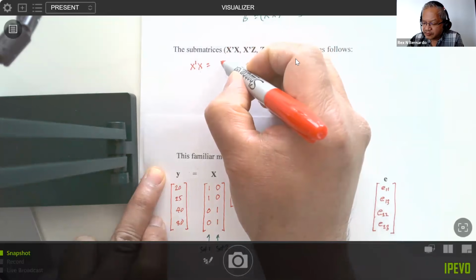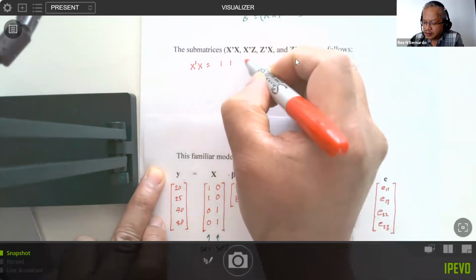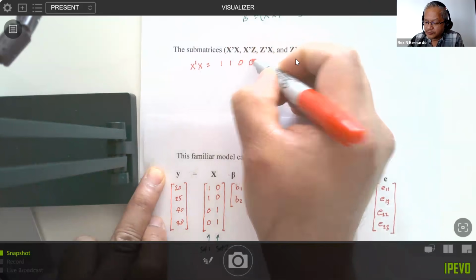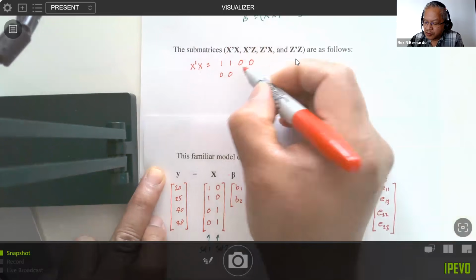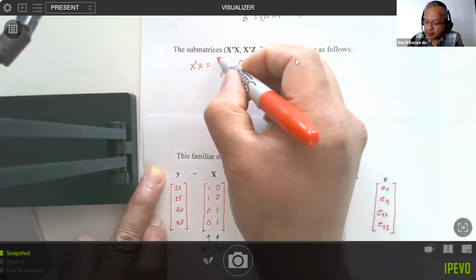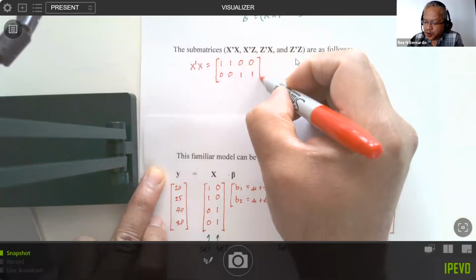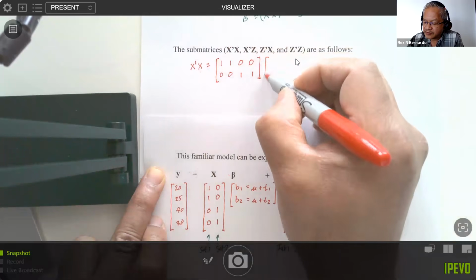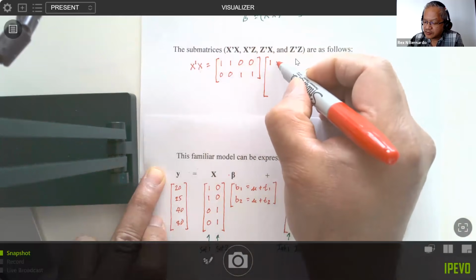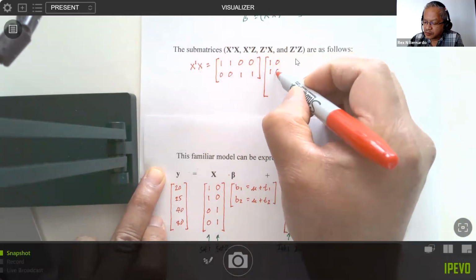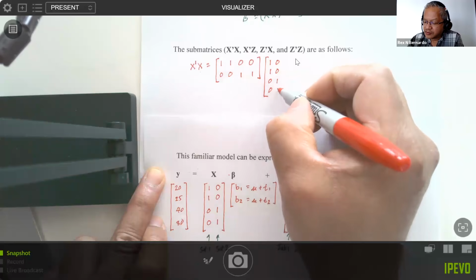And so our X prime would be equal to 1, 1, 0, 0, all right? And then 0, 0, 1, 1, okay? That's our X prime. And then our X is what we had written earlier. It's this one, 1, 0, 1, 0, 0, 1, 0, 1.